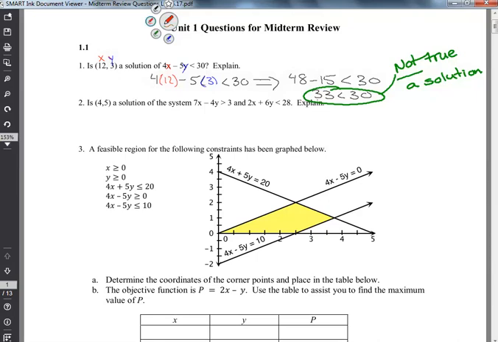Same thing for the next one. We have our x. We have our y. I'm going to plug them in for the x's, and I'm going to plug them in for the y's. So for this to work, it needs to work for both of them.